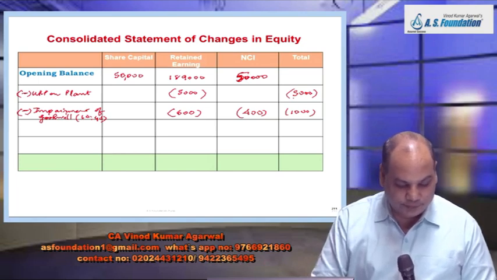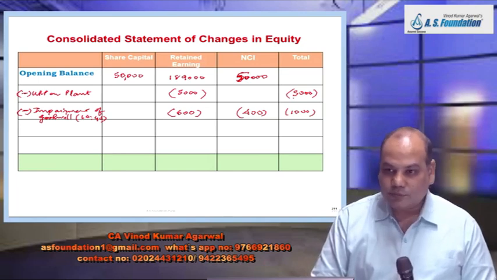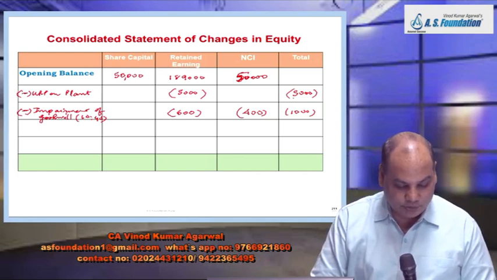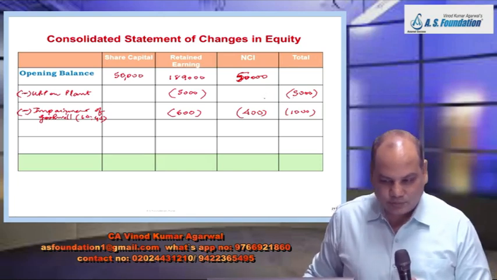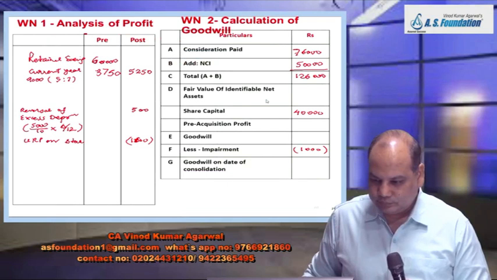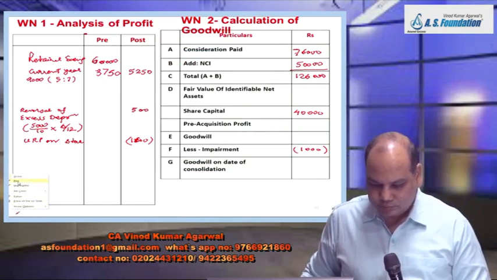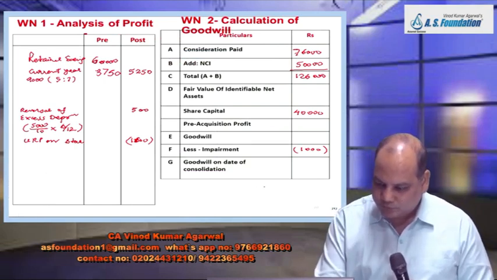Adjustment number 5. S earned a profit of 9,000. Done. 6. Loan note in S books represent money borrowed from K. Done. 7. Included in receivable 4,000, etc. Done. Oh, it is almost over. So can you now close analysis of profit working?